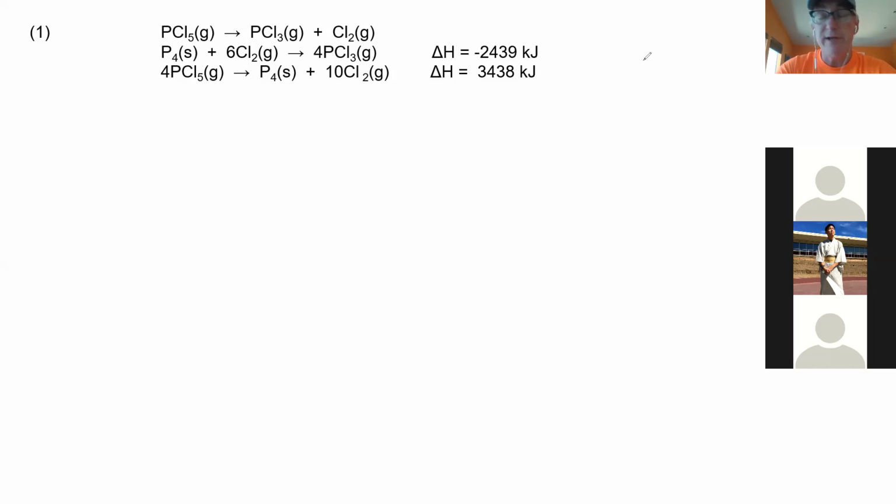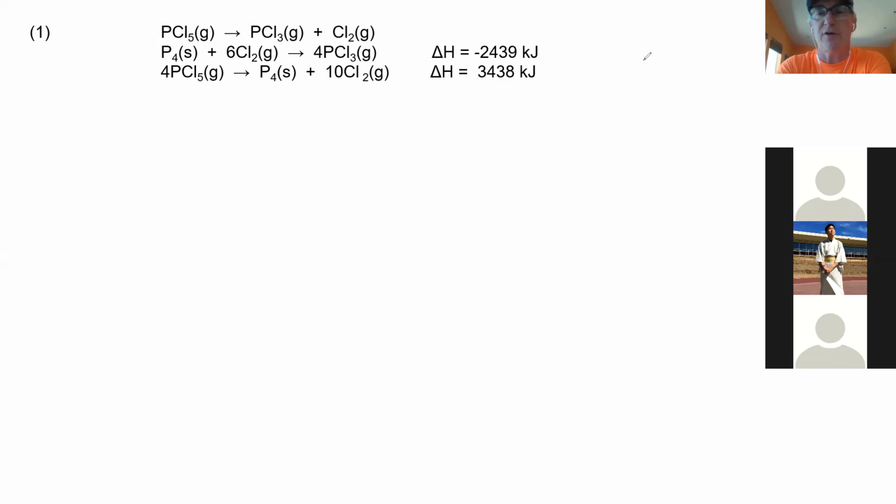So for the first reaction, we don't know how much energy goes into that reaction. We don't know if it's an exothermic reaction or an endothermic reaction. We have no idea. But we do know that the two reactions below it are part of the overall reaction. And so we know that one of them looks like it's exothermic and one of them is endothermic.